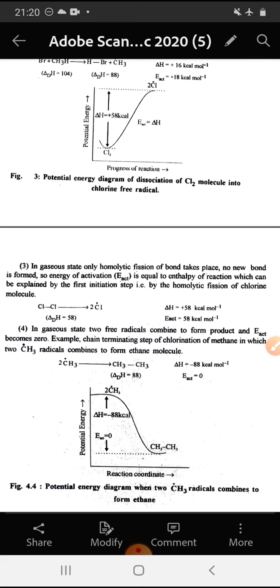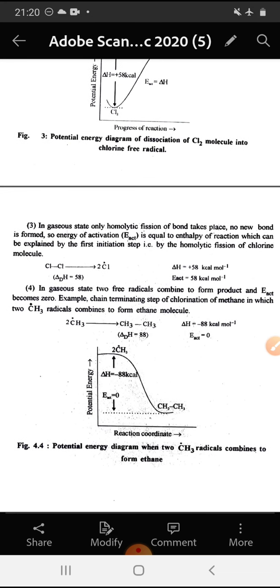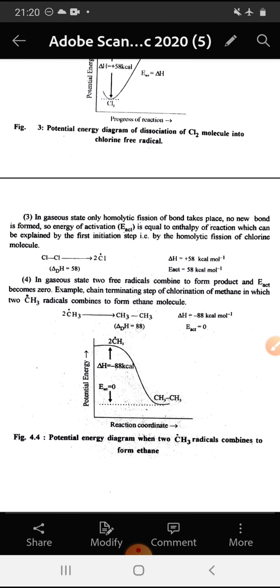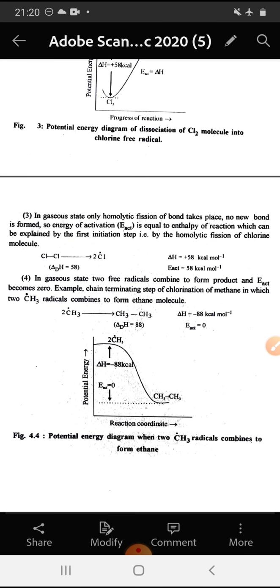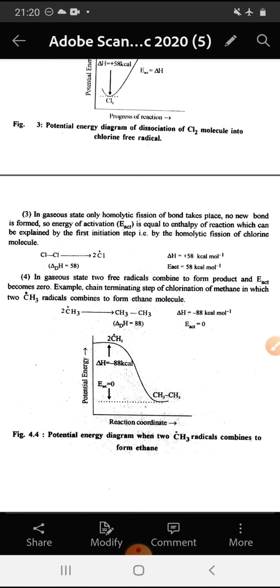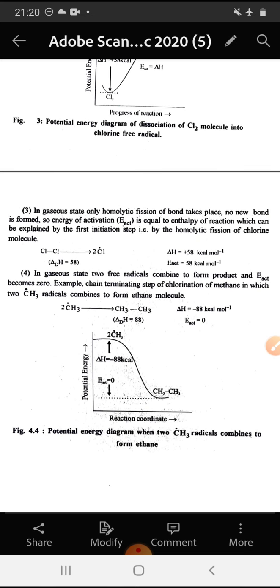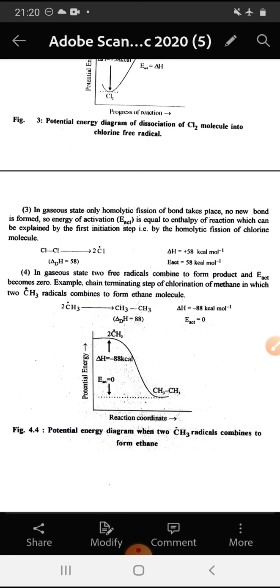Now in the fourth case, we see that in gaseous state, two free radicals combine to form product and energy of activation becomes zero. Example, chain terminating step of chlorination of methane, in which two methyl free radicals combine to form ethane molecules. Here we see that there are two methyl free radicals which combine to form ethane.